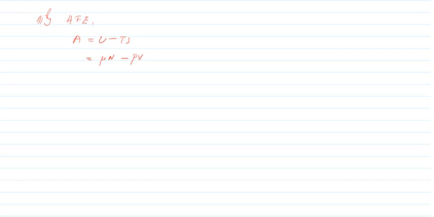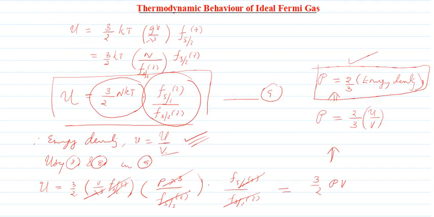So it can be written as mu N minus PV, and from 9 and 10, let's call this equation number 10 for the time being.